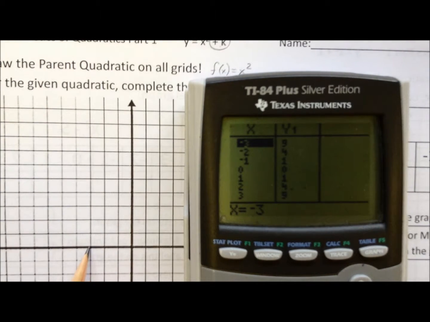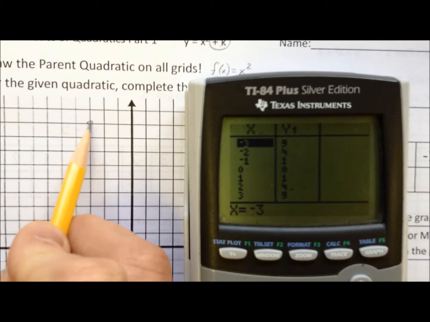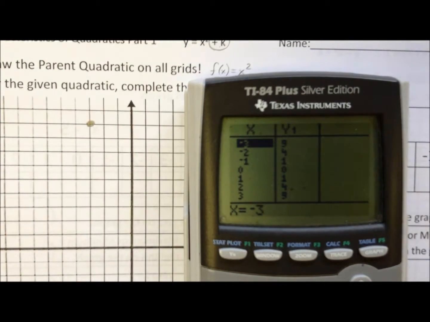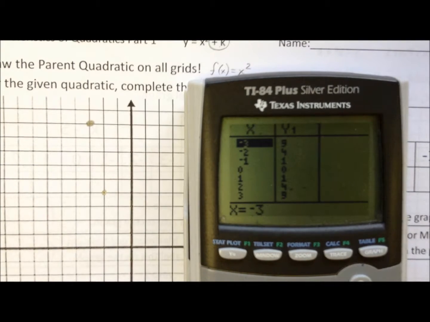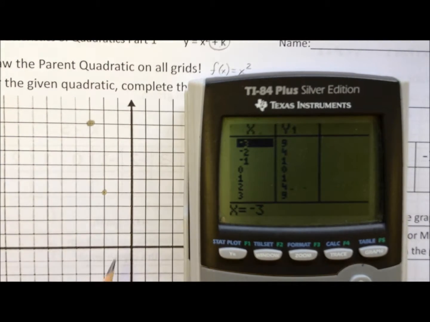So -3 times itself is +9. -2 times itself is +4. So -2, 4. -1 times itself, a negative times a negative is a positive, so 1.